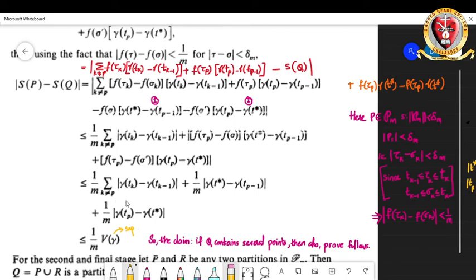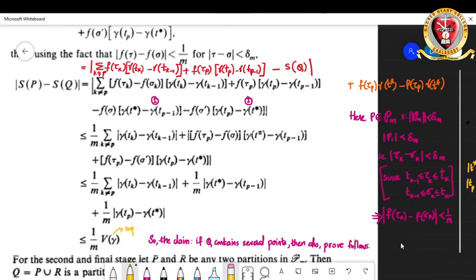And this is less than or equal to 1 by m into v of gamma, because v of gamma is nothing but the supremum of all the values sitting here. So modulus of S of P minus S of Q is less than or equal to 1 by m into v of gamma.